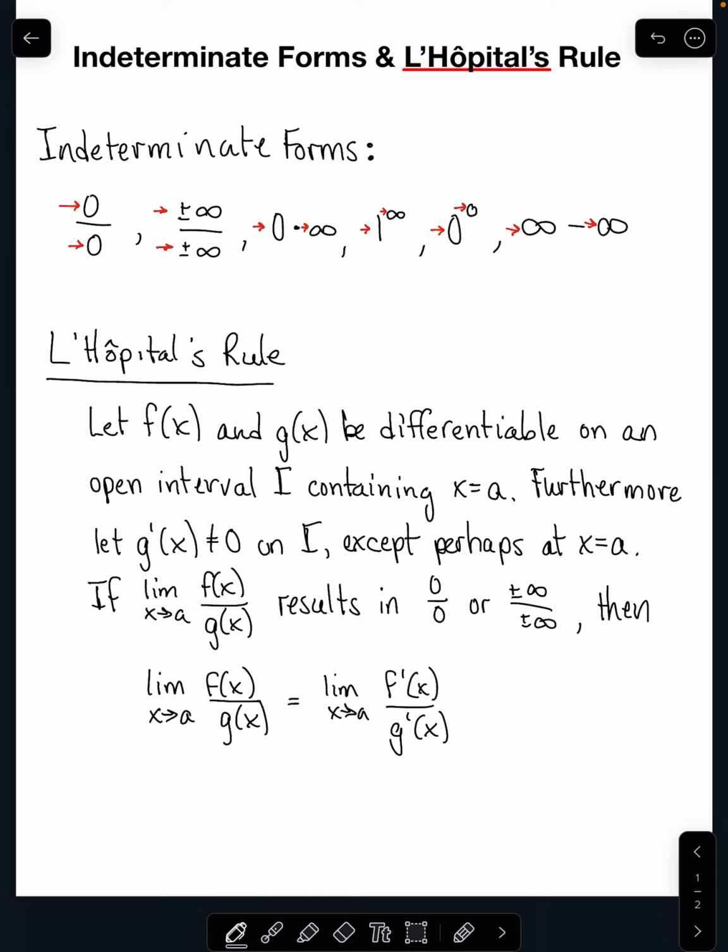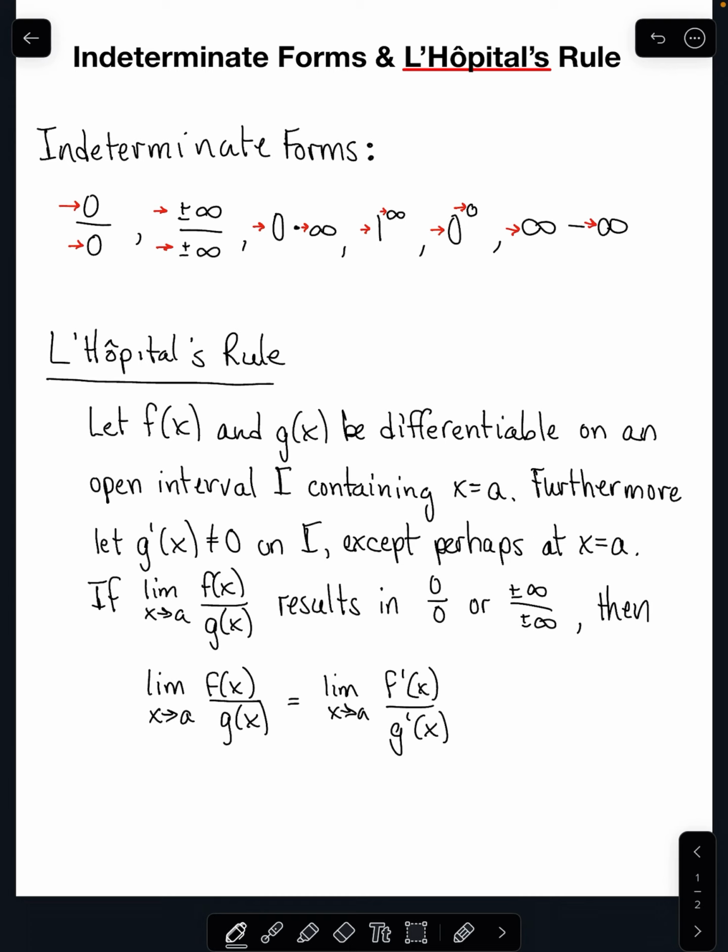Now, I'm not going to go into the proof of this because there are 3 different cases to consider. One of them is to consider what happens when we result in 0 over 0.